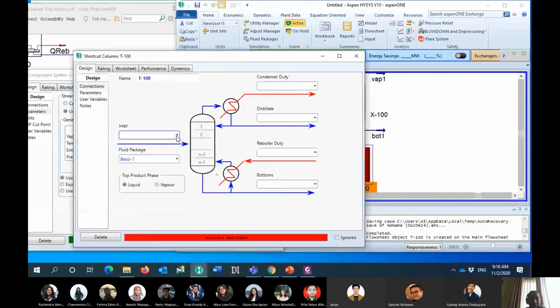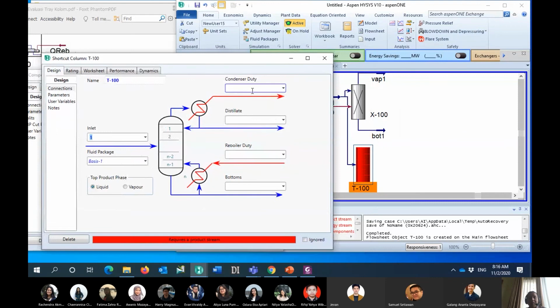Okay, I will still connect stream number 1. And then for the condenser duty, for example, Q condenser T100, and then reboiler duty Q reboiler T100.